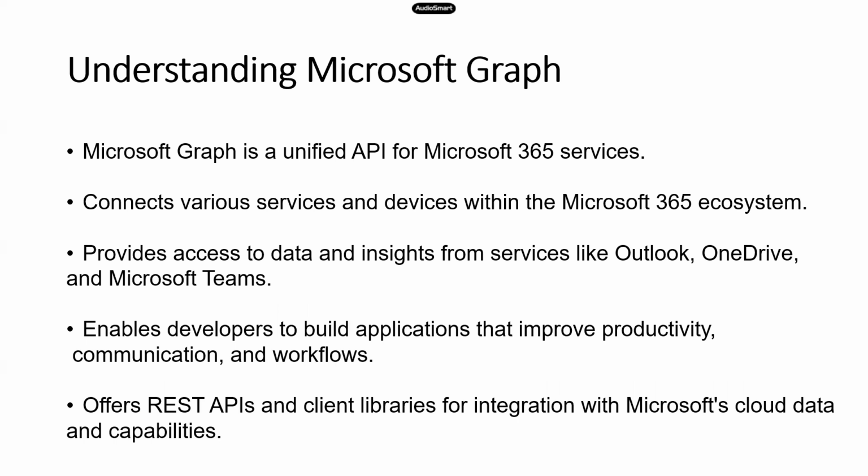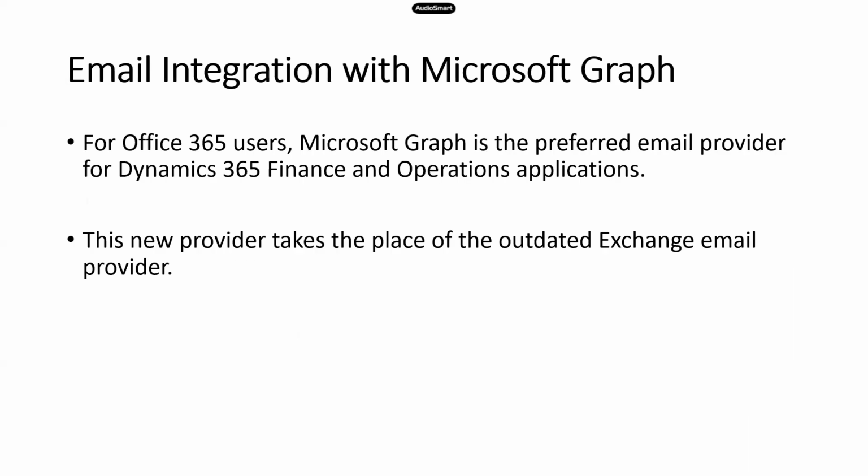It also enables developers to build applications that improve productivity, communication, and workflow. It also offers REST API and client libraries for integration with Microsoft's cloud data. For Office 365 users, Microsoft Graph is the preferred email provider for Dynamics 365 Finance and Operations applications.